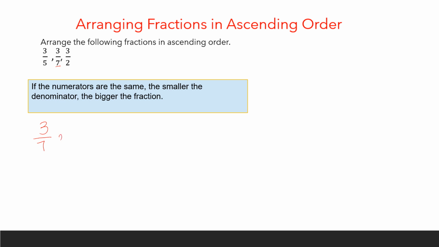The next greater denominator is 5, so our next fraction will be 3 by 5, and then it will be 3 by 2. We can see that the smallest denominator is 2, so 3 by 2 is the biggest fraction.